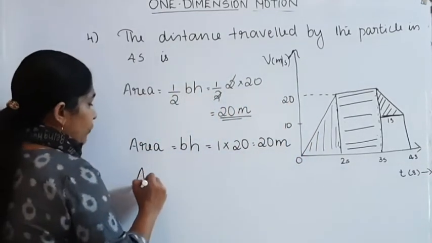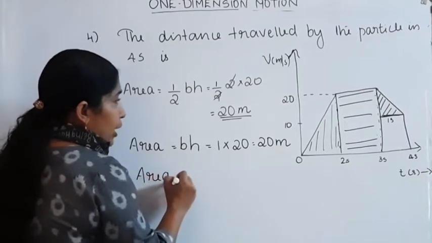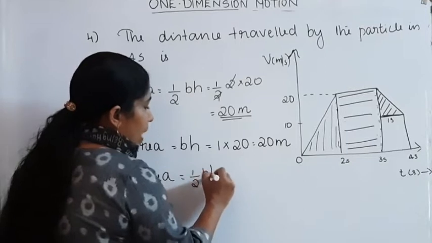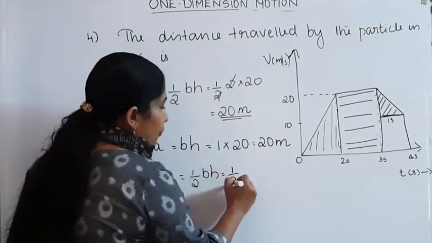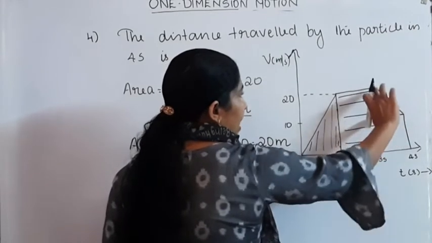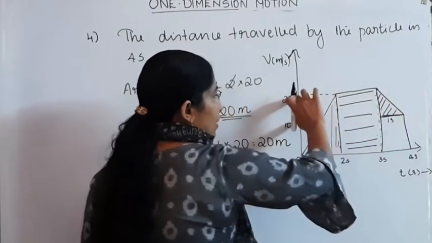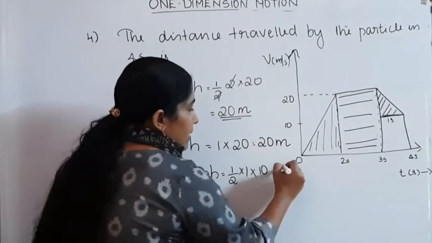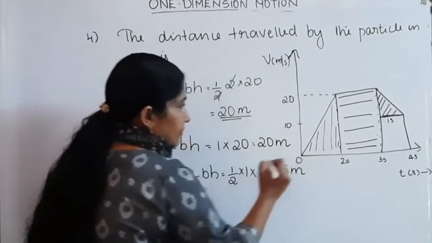Area of that triangular portion is equal to half into base into height. Half into base 1, height is 20 minus 10, that is equal to 10. It's equal to 5 meter.